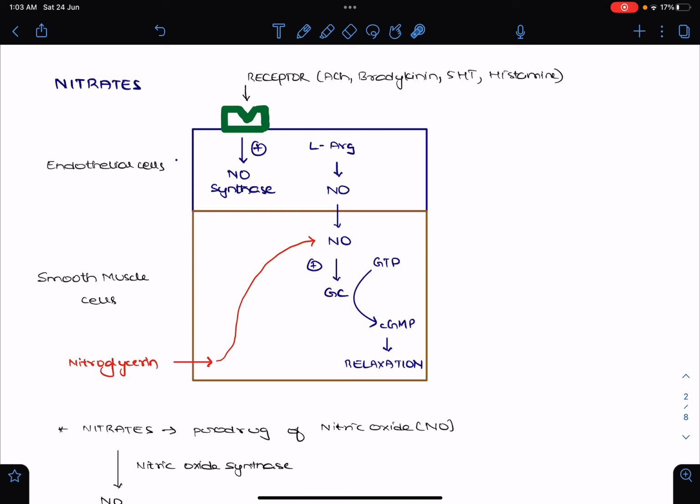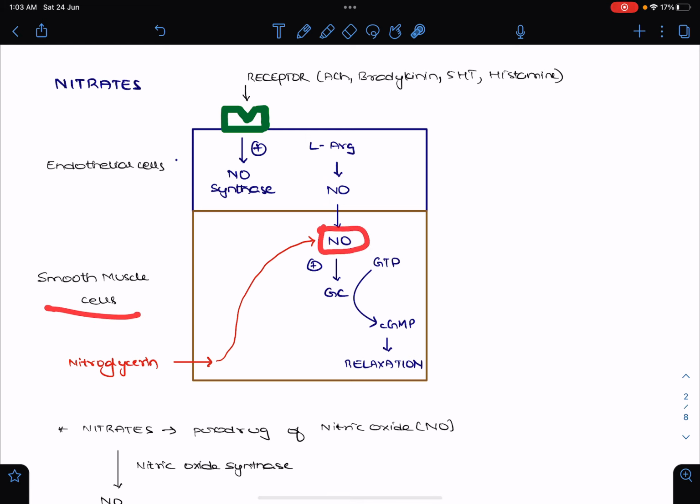When these neurotransmitters bind to these receptors present on the endothelium, this activates nitric oxide synthase. This is the enzyme required for synthesis of nitric oxide from L-arginine. On activation of nitric oxide synthase, L-arginine is converted to nitric oxide in the endothelium, and the nitric oxide produced will diffuse into the smooth muscle cells.